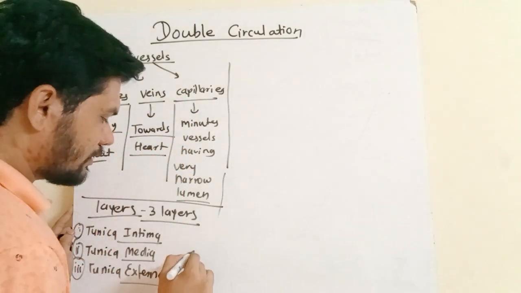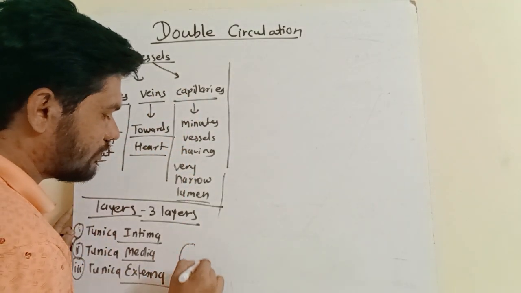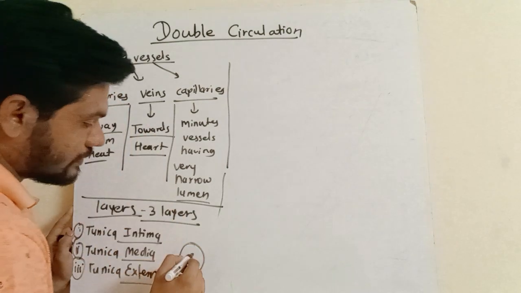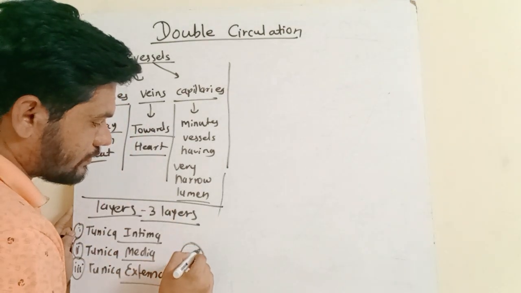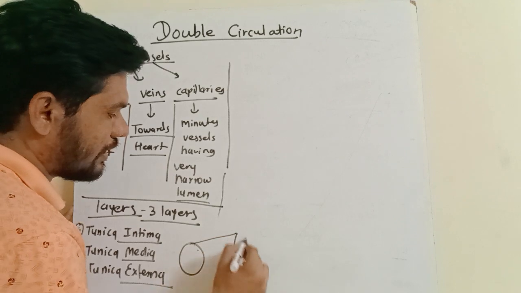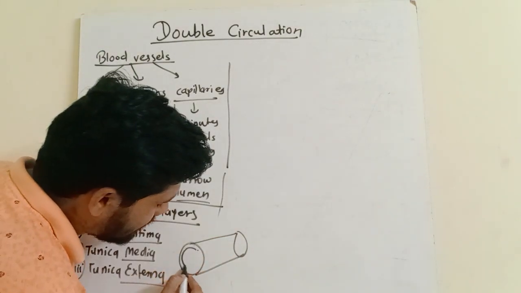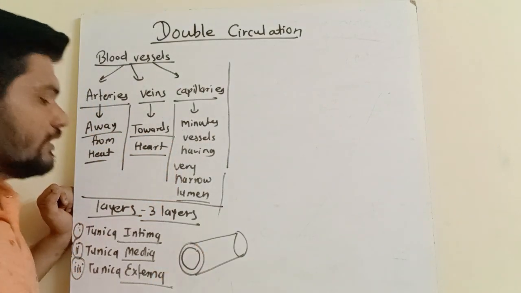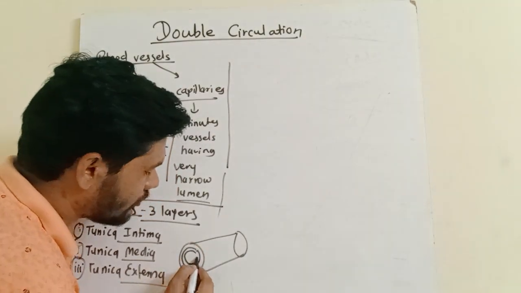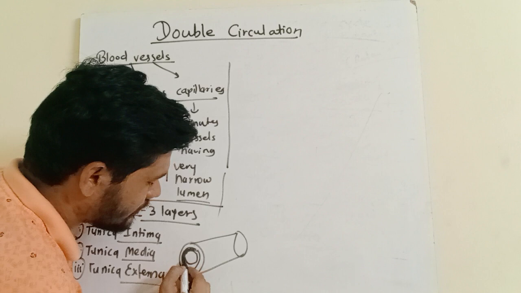Which means if this is the tunica externa, suppose this is an artery or a vein, then its middle layer will be called the tunica media. So here I am drawing the tunica media.